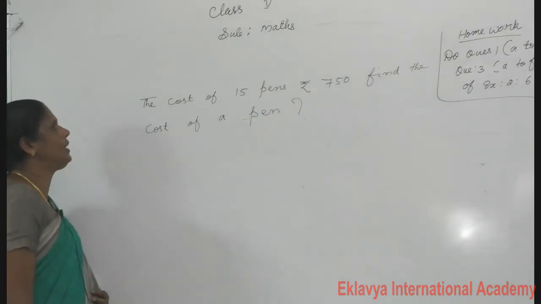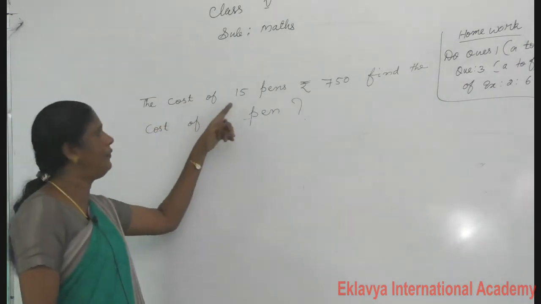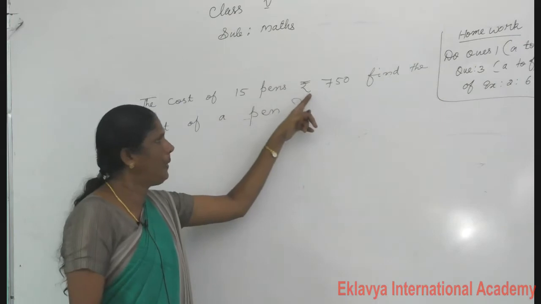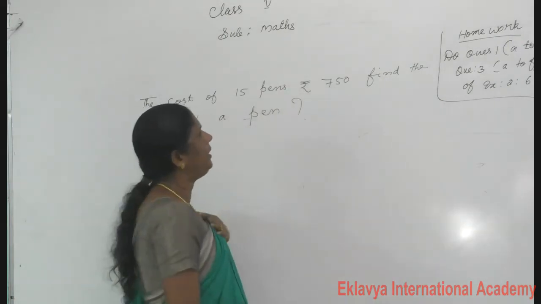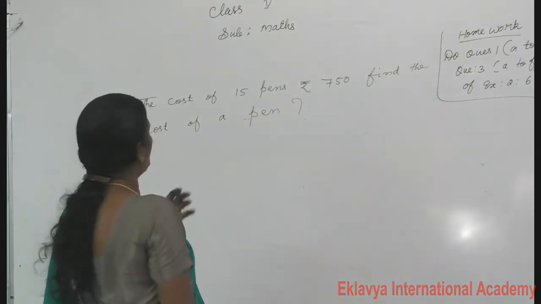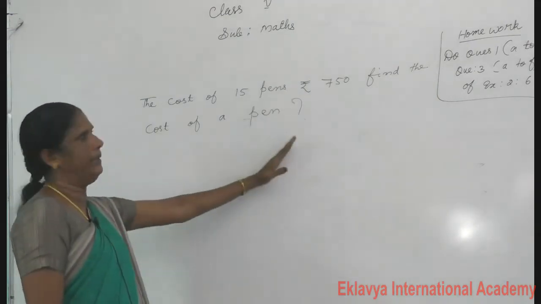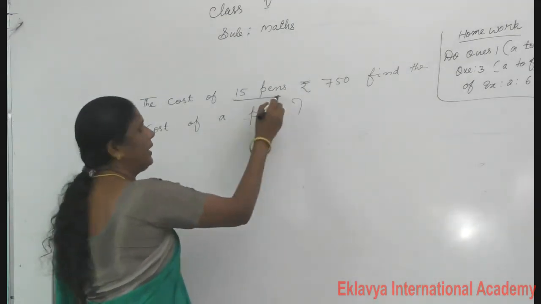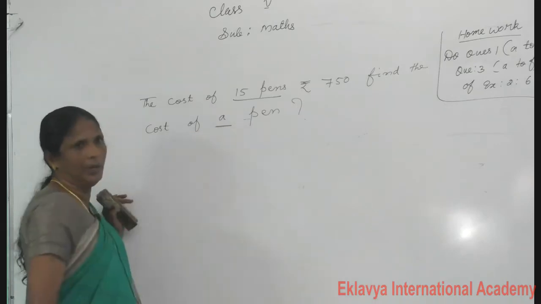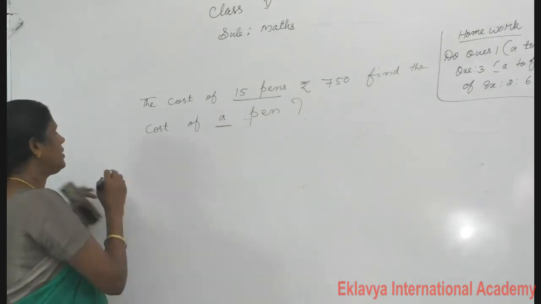Again read the question. The cost of 15 pens is rupees 750. Find the cost of a pen. Here many are given, one is to be found.